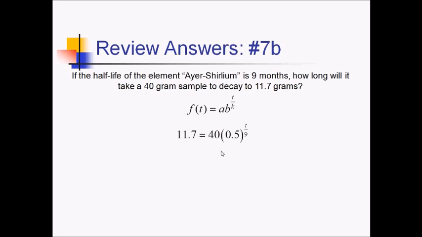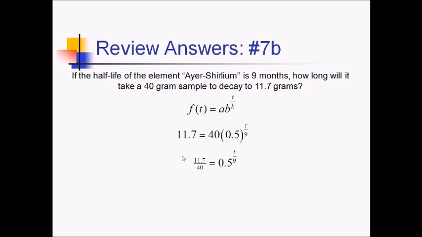And at this point, it's time to solve this just like a normal exponential equation. So to start this off, we want to isolate the exponential term. So we'll divide both sides by this 40 to get it out of the way. So that's 11.7 over 40, which I'm not going to bother getting a decimal for yet. I'm just going to, at the very end, figure out what that comes out to. Next, we're going to take the log of both sides.